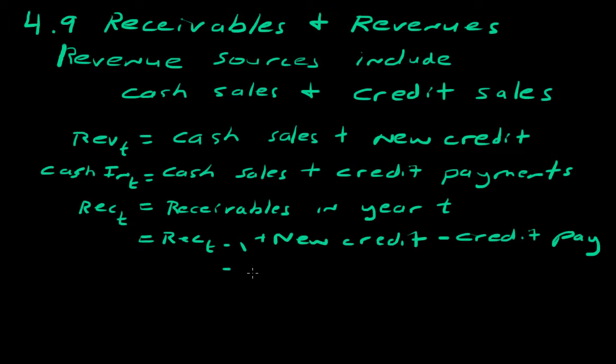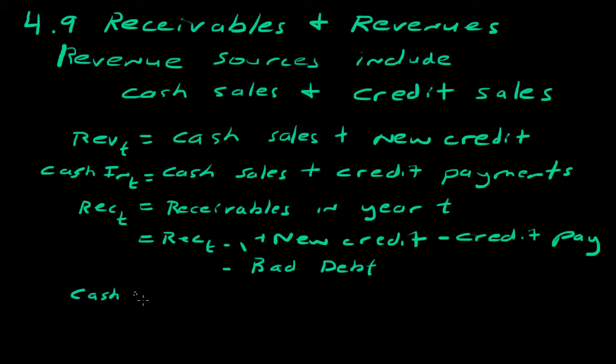And then we also can subtract out bad debt. Bad debt is simply that debt which we're writing off because we know the customer can't pay it back or won't pay it back.